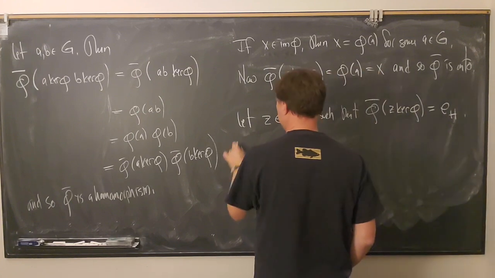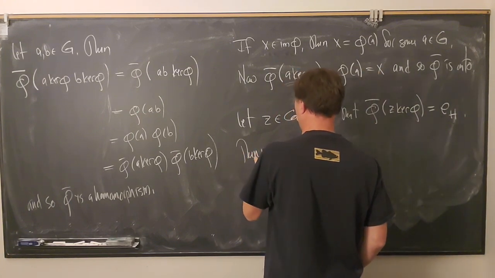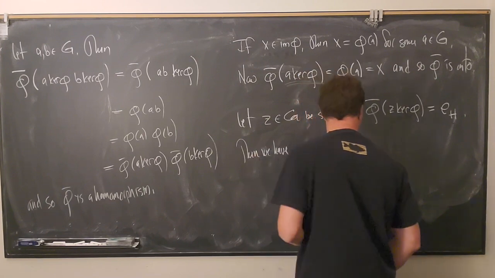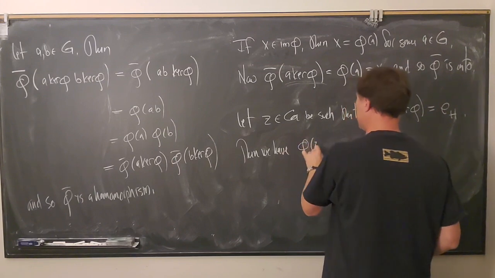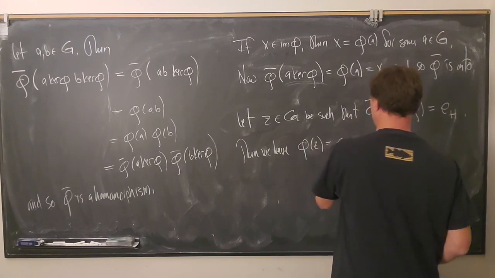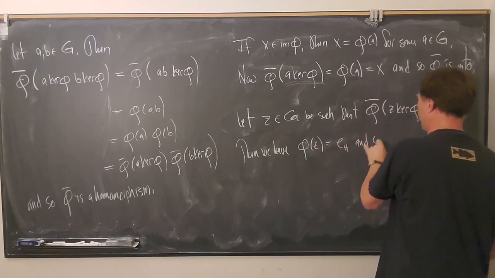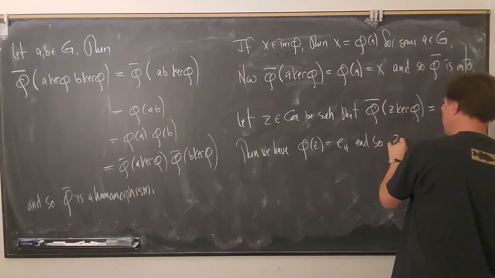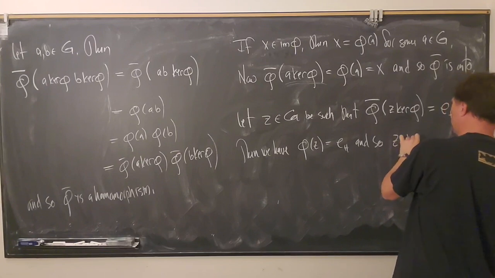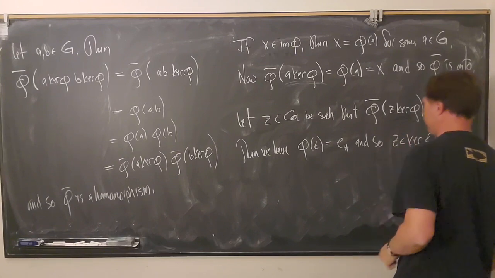Okay, so then the formula tells us that phi of z is equal to e sub h, and so z is an element of the kernel of phi.